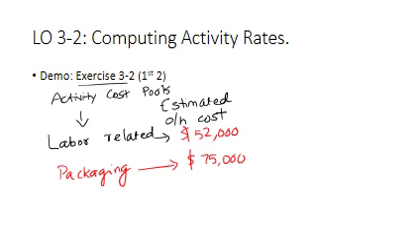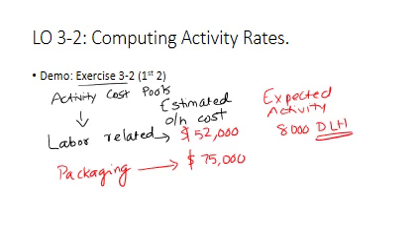Now, what is the allocation basis on which you are going to allocate the labor overheads to your unit costs? Well, if it is labor related, your activity measure or the expected activity is 8,000 direct labor hours.